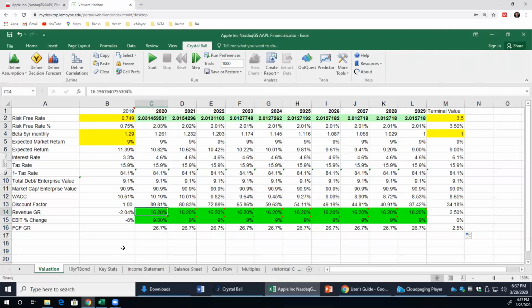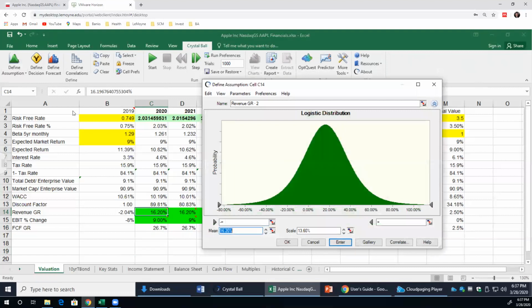I will first start with the revenue growth rate and click on define assumption here. This is the growth rate assumption. It can go all the way down to as negative as -80%, and all the way up to over 100% in one year, which I don't think is logical.